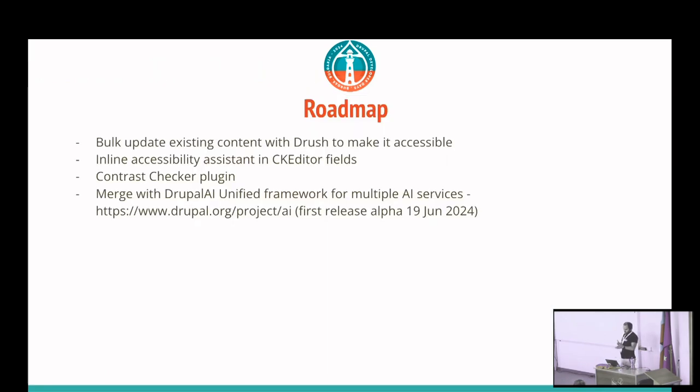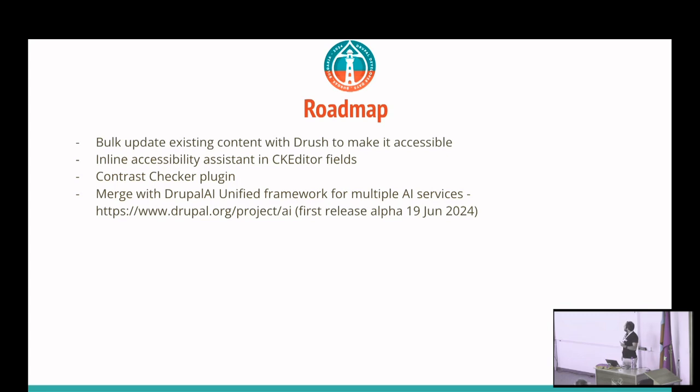So let's talk also about the roadmap of this module. Another thing that I want to provide is to bulk update the existing content with Drush to make it accessible. If you have an old site that doesn't have accessible content, you can bulk update it via Drush.